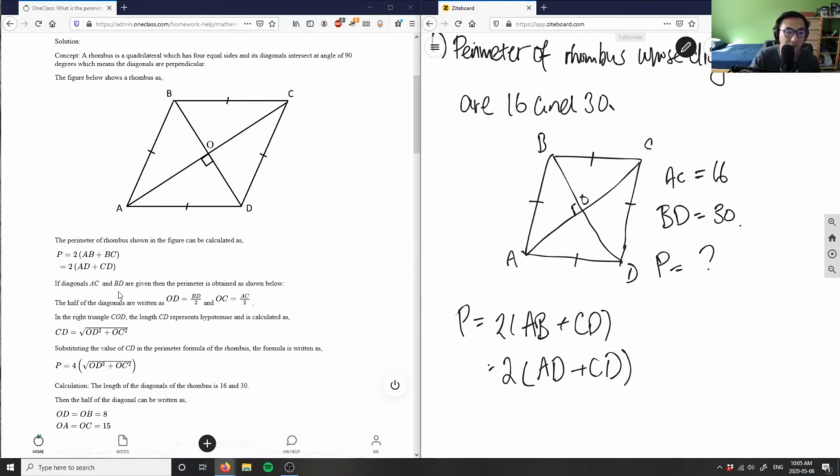If diagonals A to C and B to D are given to us, half of each diagonal, from A to O and from O to C, would be those numbers divided by 2.